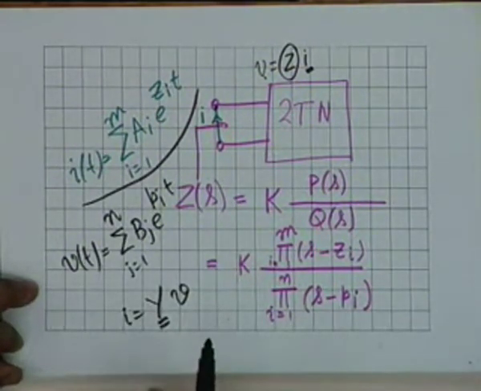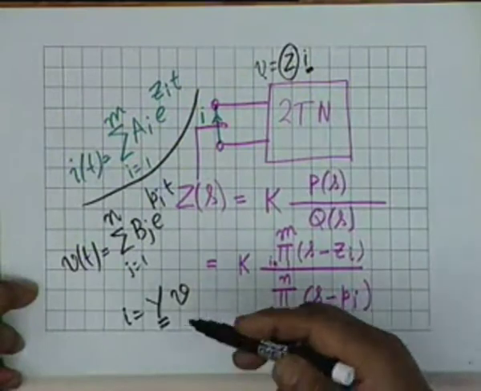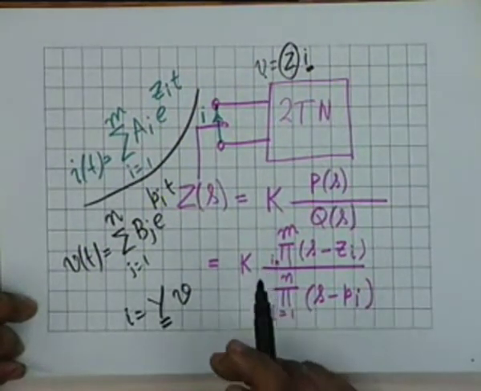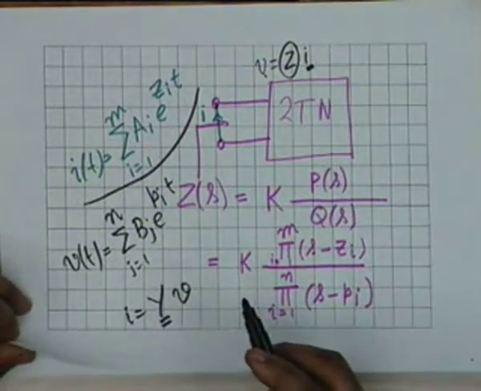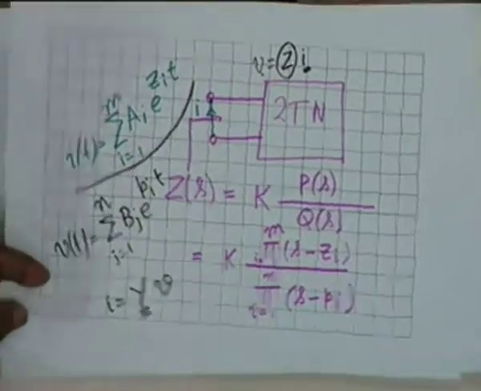I equal to 0 means an open circuit, and through an open circuit a current cannot flow. So these are the theoretical or conceptual links between poles and zeros and the natural response of the circuit.